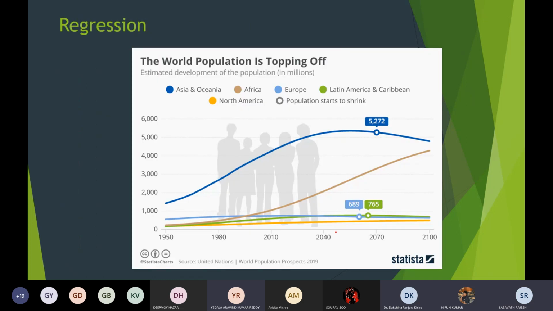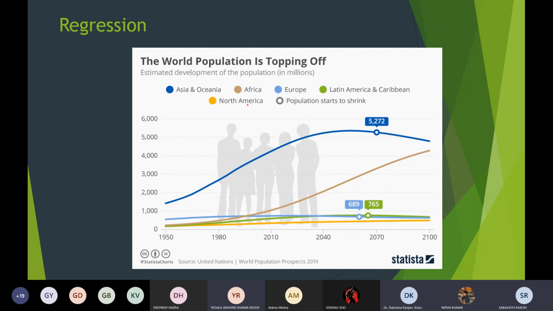In this example you can see that we have divided the population growth rate across different continents. If we see the growth rate of Asia, we can see that after a certain period of time it will decline.